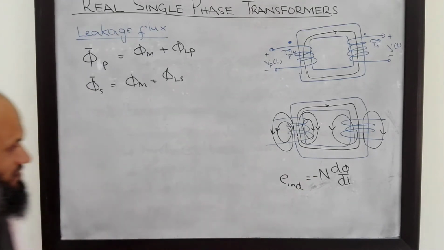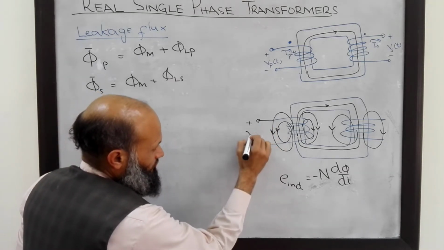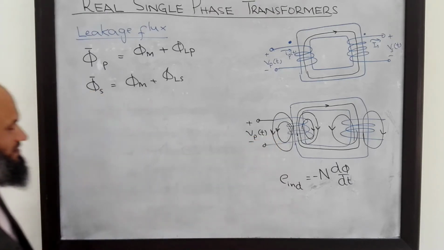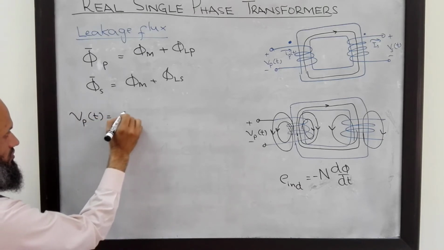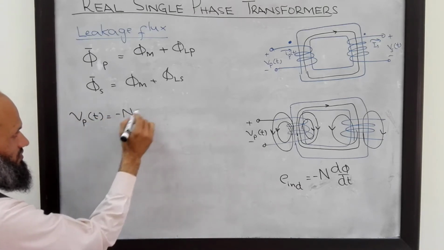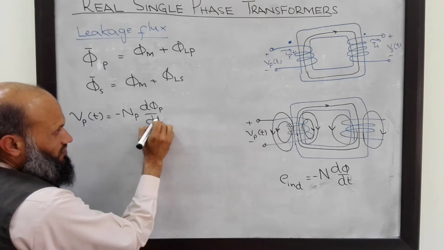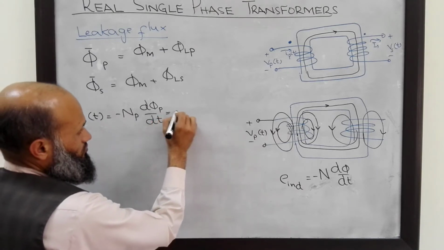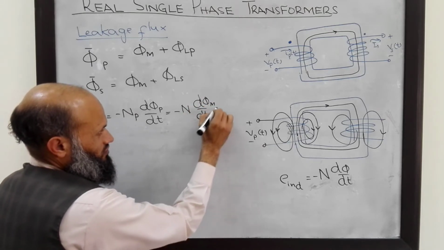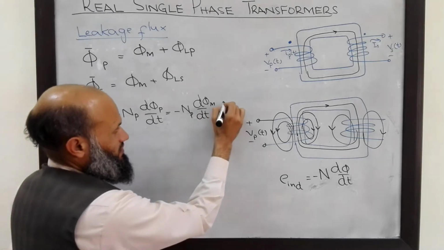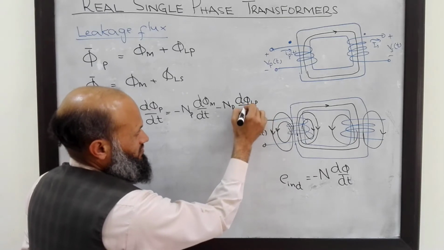If we use this relation, the voltage on the primary side, Vp of t, is equal to the number of turns on the primary side multiplied by the rate of change of flux linking with the primary coil, and that is equal to minus Np d phi m by dt minus Np d phi Lp by dt.